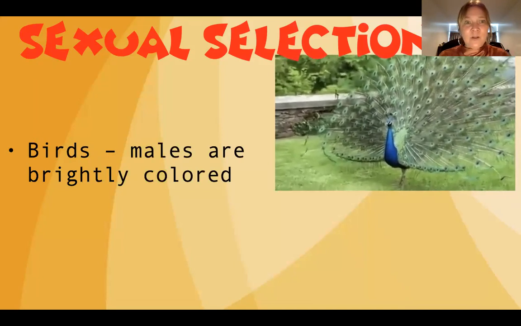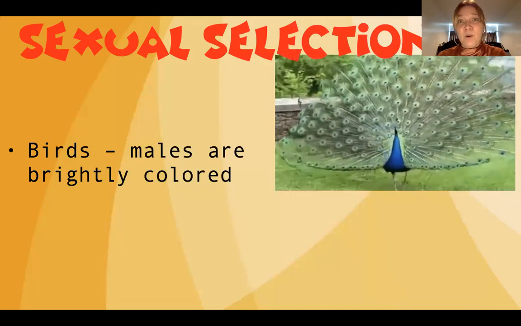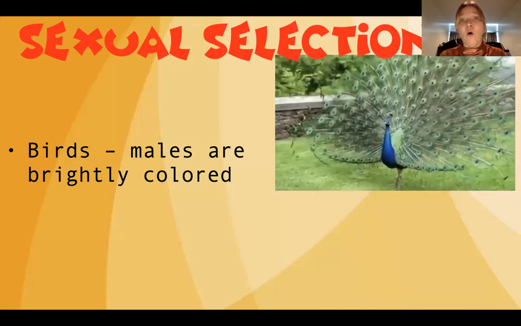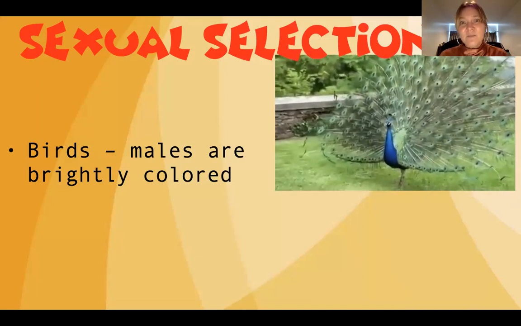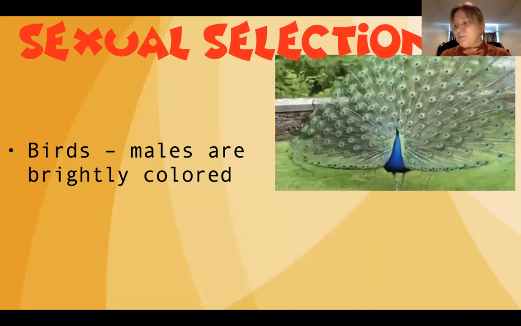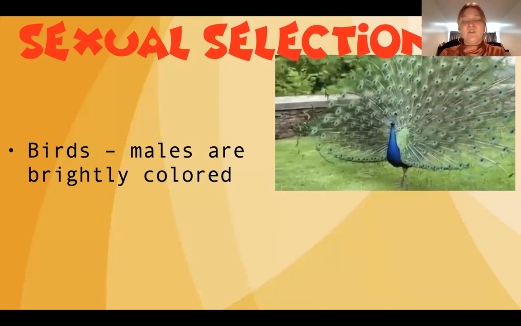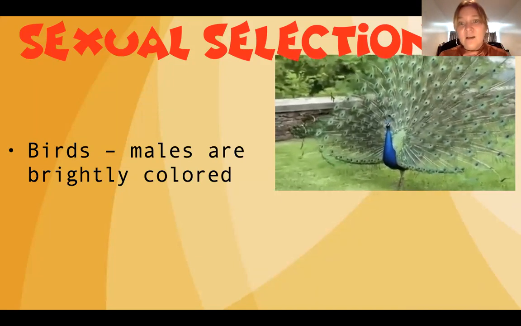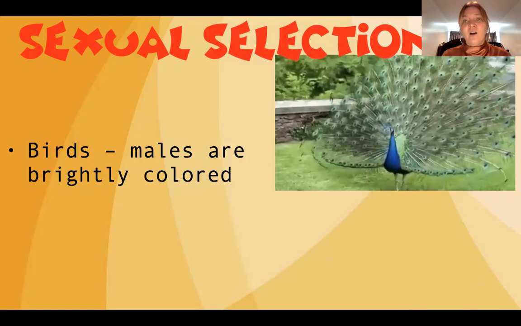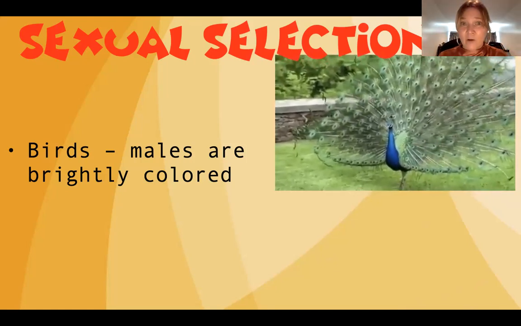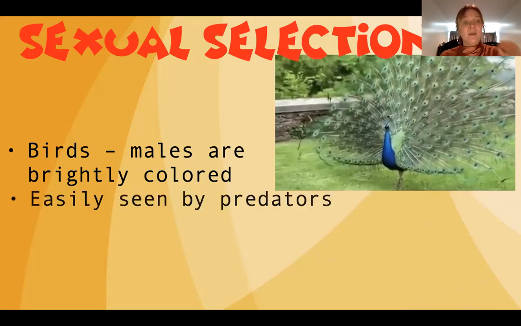The best example of sexual selection is in birds, because for birds, the very brightly colored birds are always the males. So for the peacock, the very beautiful, big, huge tail with the feathers and all that, that is a male peacock. The females are going to look the same, but they're not going to have these giant tails, and they are brown, very boring brown.